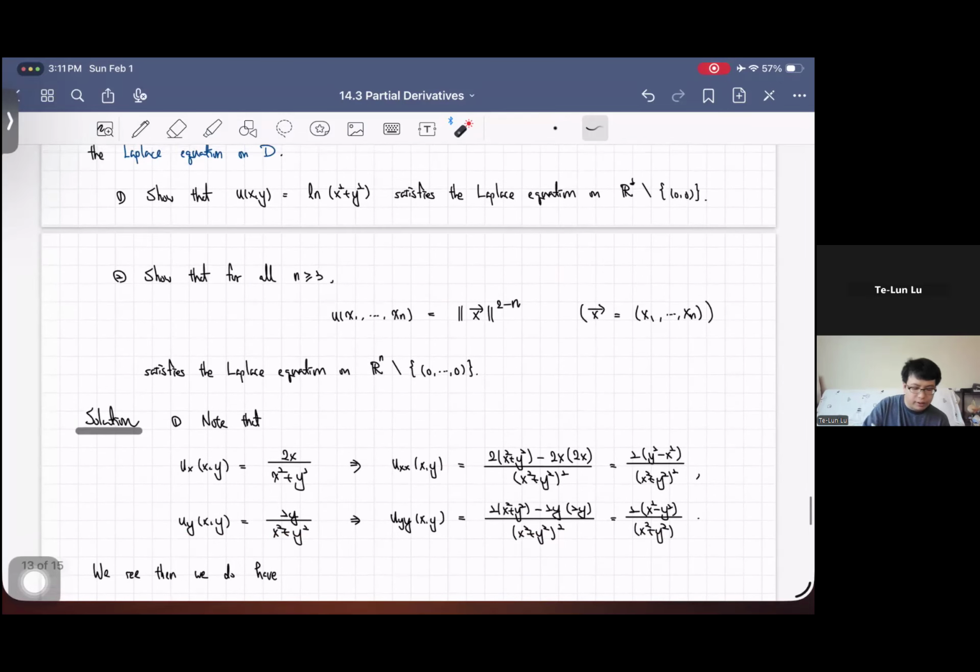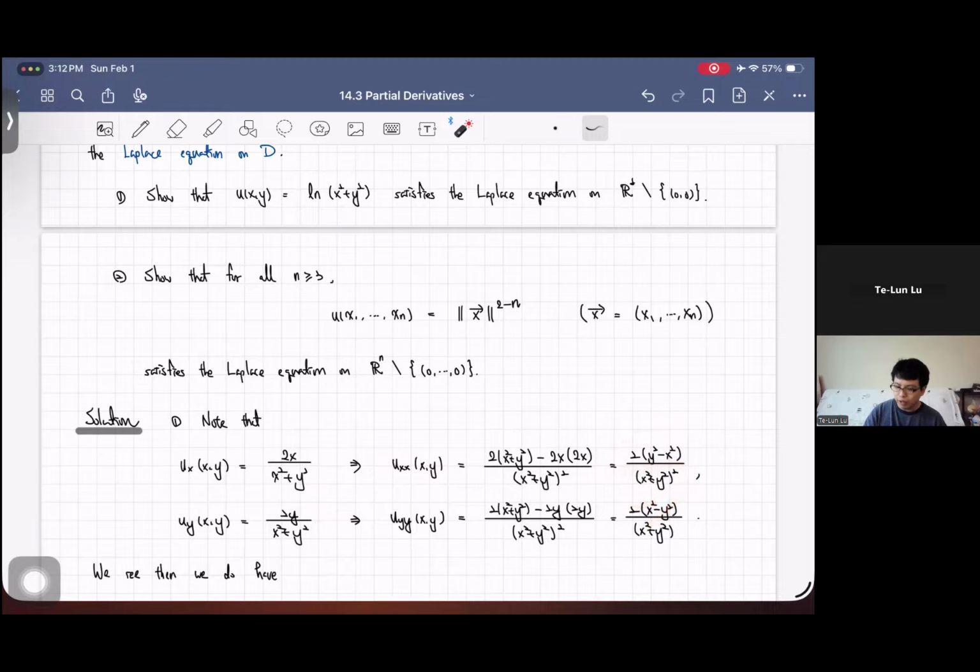Okay, now let's try this. For the first function, ln of x squared plus y squared, you can do the differentiation. With respect to x, by chain rule, you have 1 over x squared plus y squared, then you differentiate the interior function by x, which gives 2x. The same thing happens for y. Now if we differentiate again, uxx, using the quotient rule, has x squared plus y squared in the denominator, and 2 is the derivative of 2x, and 2x is the derivative of x squared plus y squared, which gives 2 times y squared minus x squared divided by x squared plus y squared, squared.